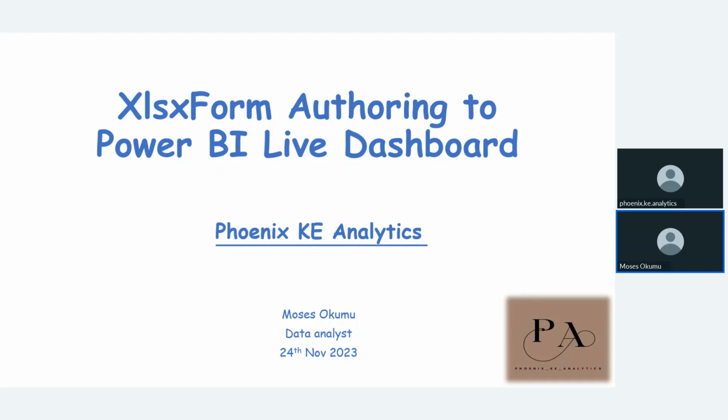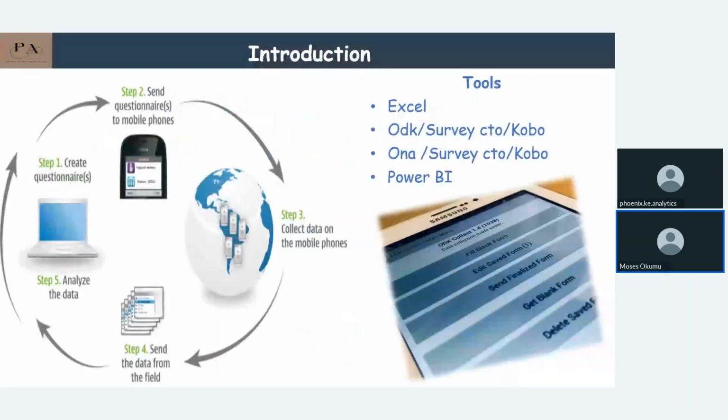I want us to visualize the data circle that is on my left-hand side. Just visualize it practically. Let's start from step one, that is creating questionnaires. You have to have these questionnaires that you want to create in XLS. I'm assuming that you have been sent by someone to go and collect some data in the field, somewhere in Turkana, somewhere in Nairobi, somewhere in Nyeri, or whichever place.